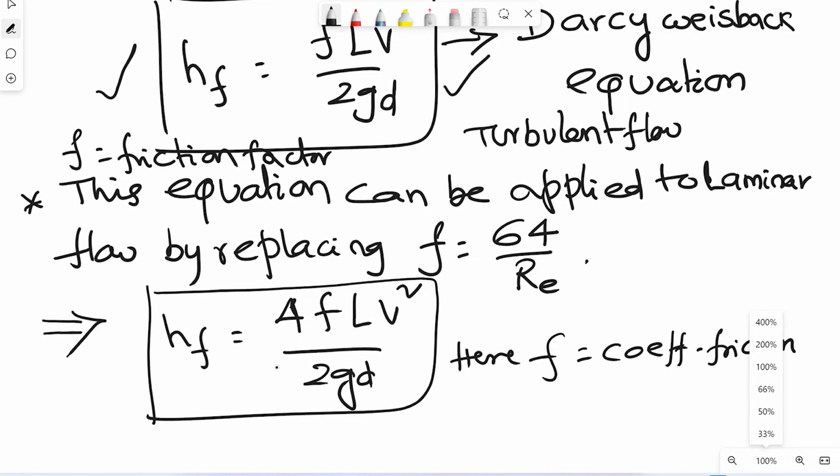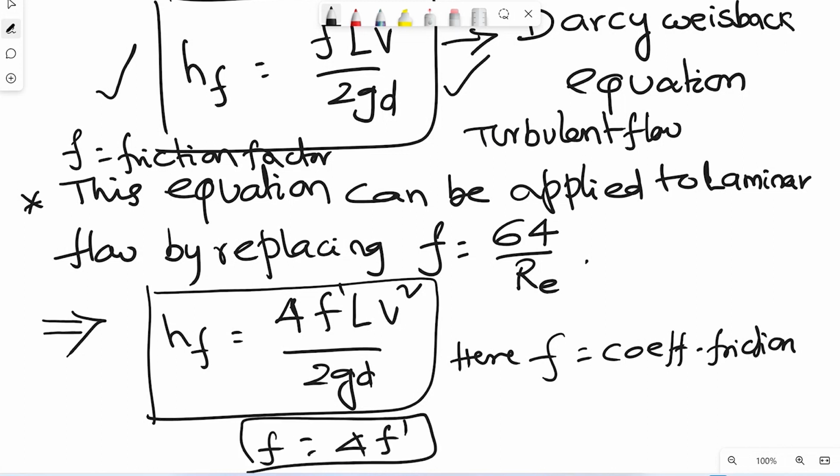Please remember that F is equal to 4F dash.